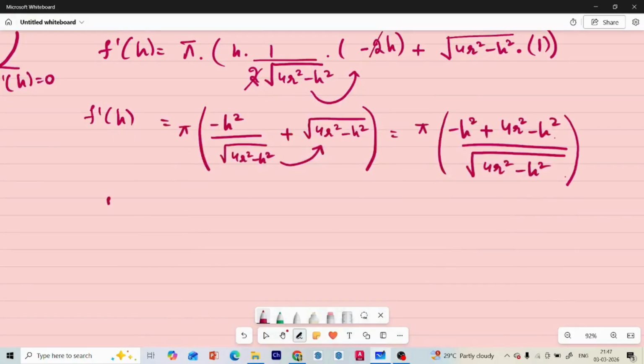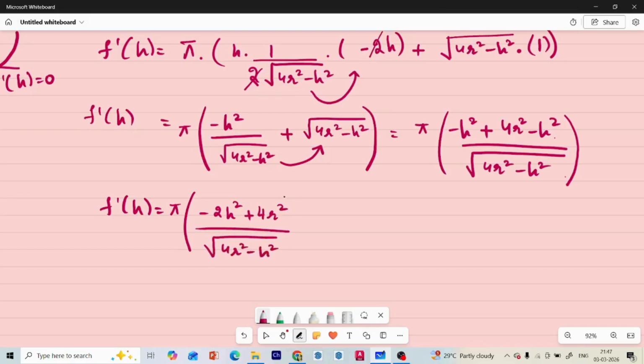So now this is f dash H. As you can see, this is pi multiplied with minus 2H square plus 4R square by root over 4R square minus H square.